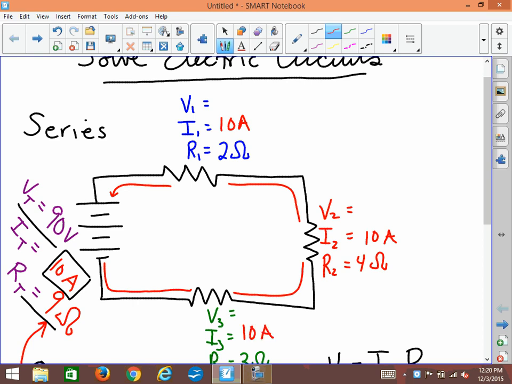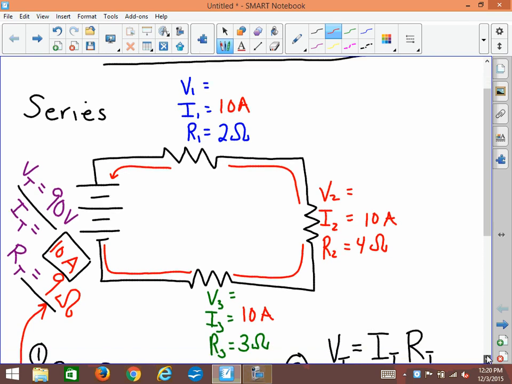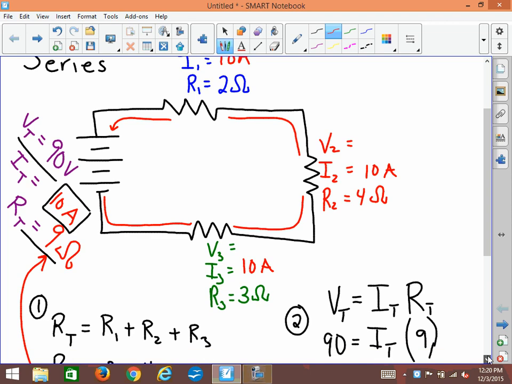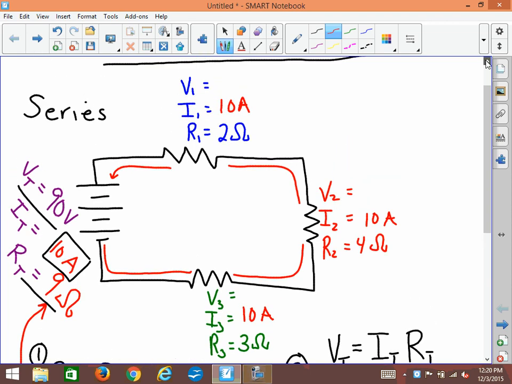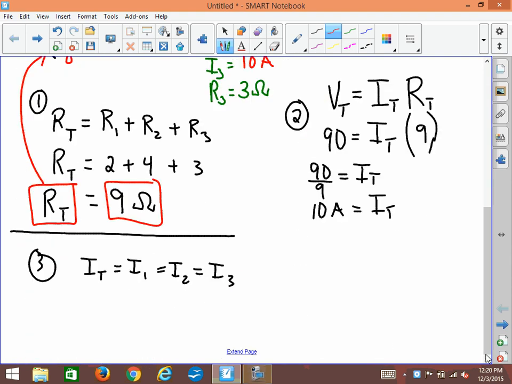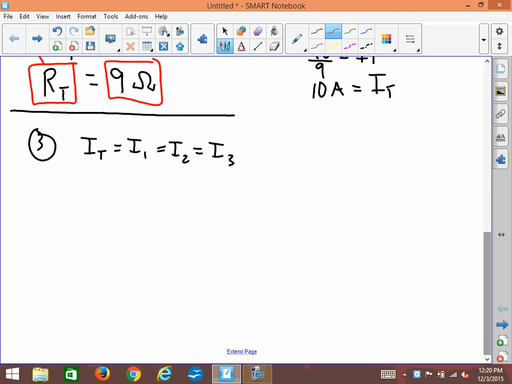Current is the same. Now the next step is to do Ohm's law 3 times. You'll notice that at load number 1, I'm missing the V, but V equals IR, right? So I'll write it down here as step 4.